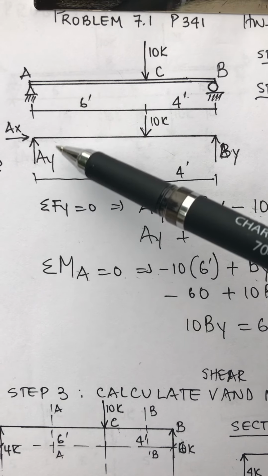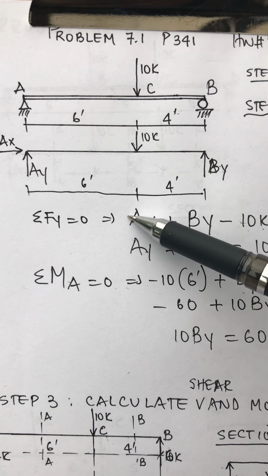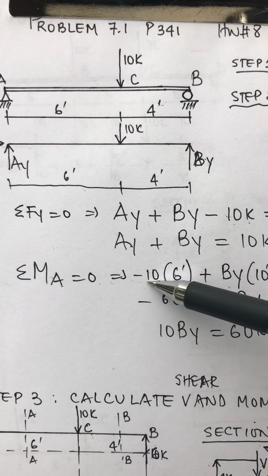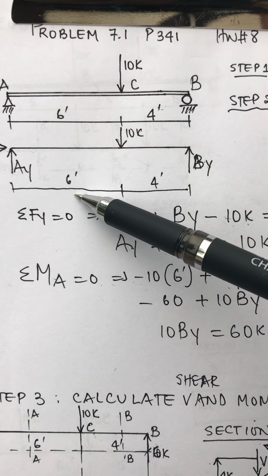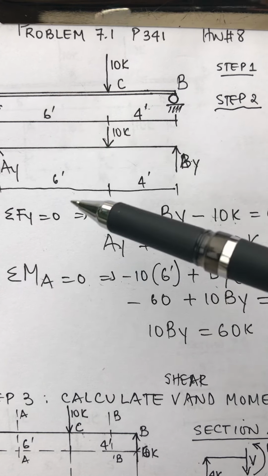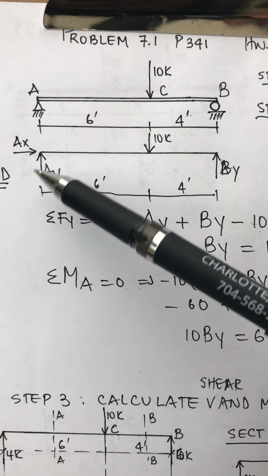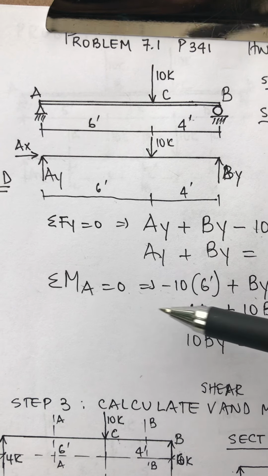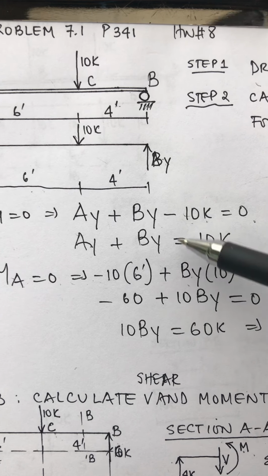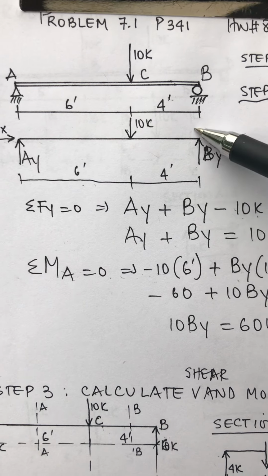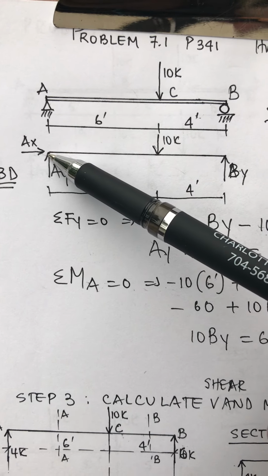So like we say, from A here, we have the 10K moving clockwise. That's why I have minus 10. And what's the moment? Moment is always the product of force and distance. So my moment is moving clockwise about the support A. That's why I have it minus, and the distance is 6, okay, plus BY, plus because BY is moving counterclockwise from this point A here.